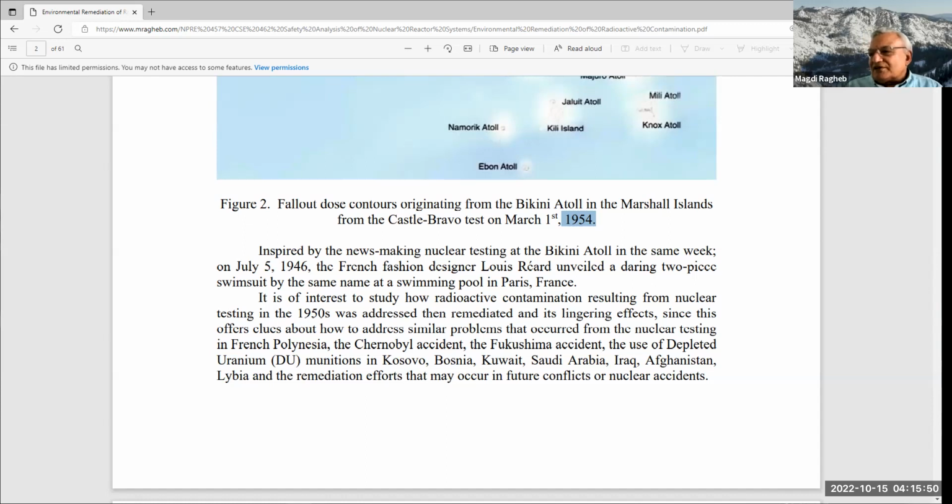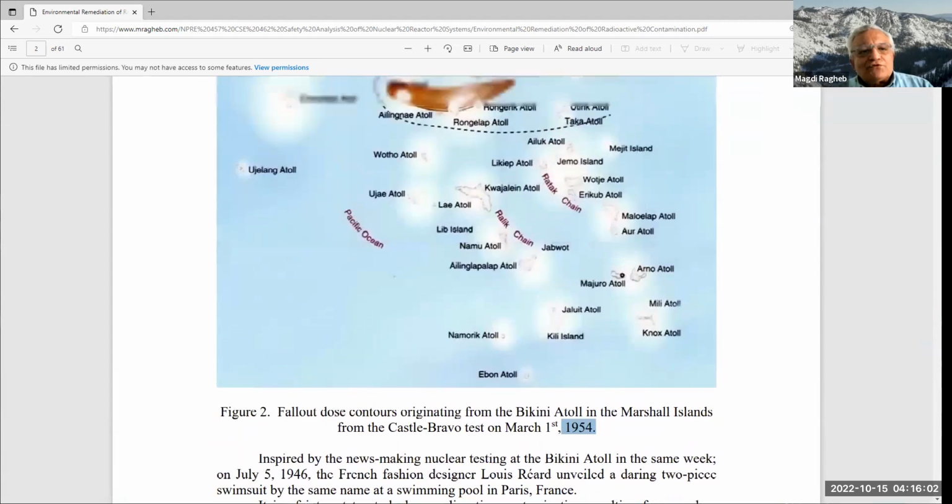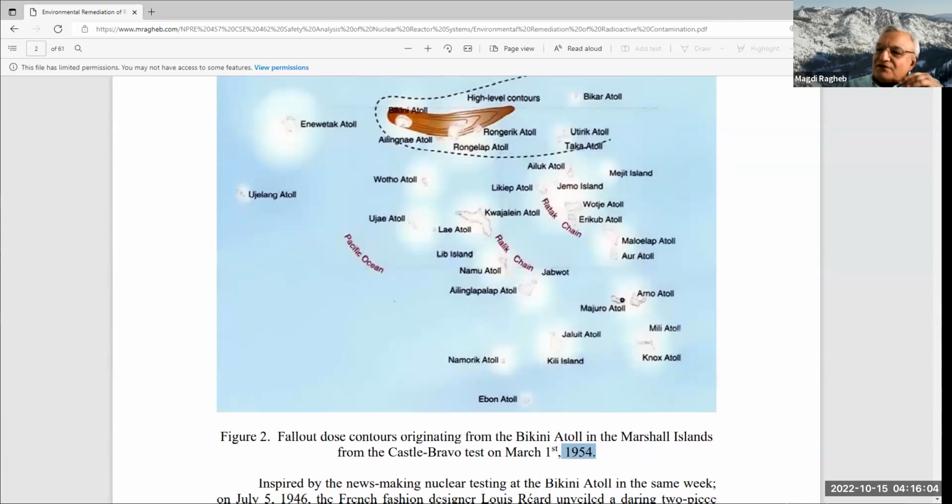cesium-137. Now remember, we said that cesium-137 in the periodic table of the elements is right below potassium. And of course, you know that plants need potassium as a fertilizer. So even if you have coconut trees that would grow there, or any plants they were planting, they became contaminated with the cesium-137.